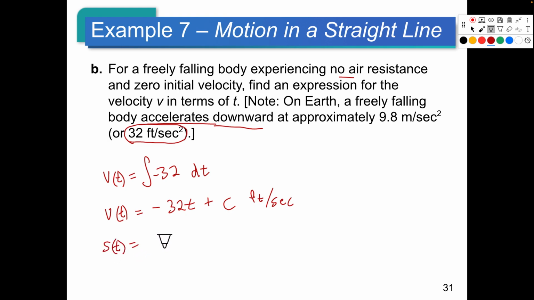That's going to be the integral of the velocity function. So we're going to integrate negative 32t plus c. So when we integrate negative 32t, what do we get?